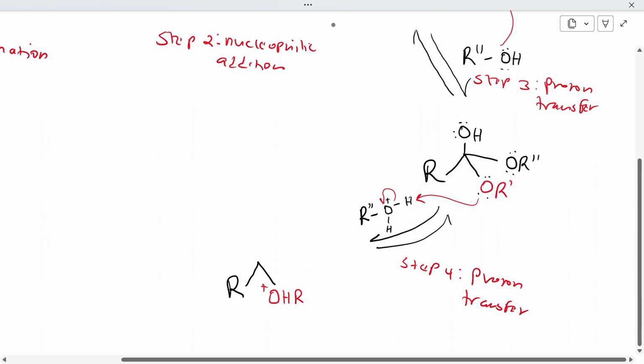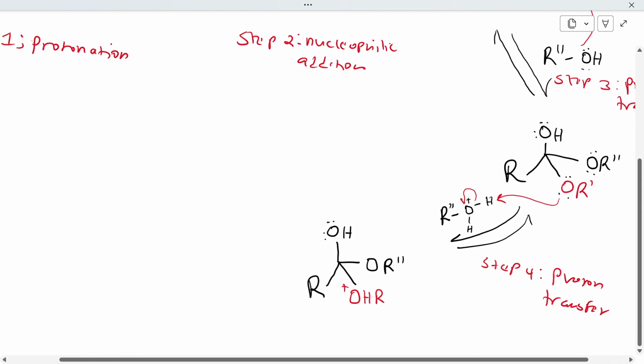Then the other end was O R. Then at the top you are having OH with that. The reaction is still going on.